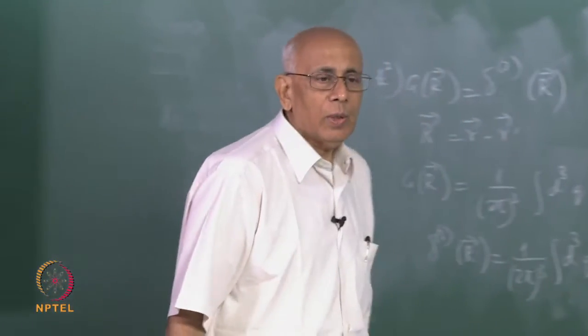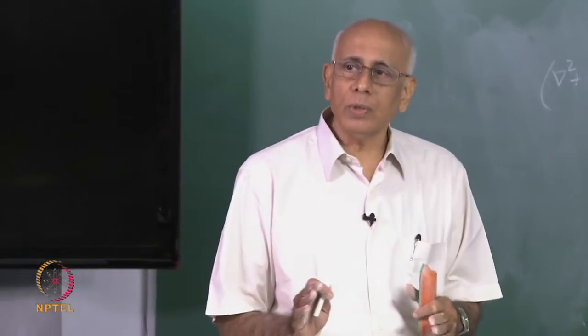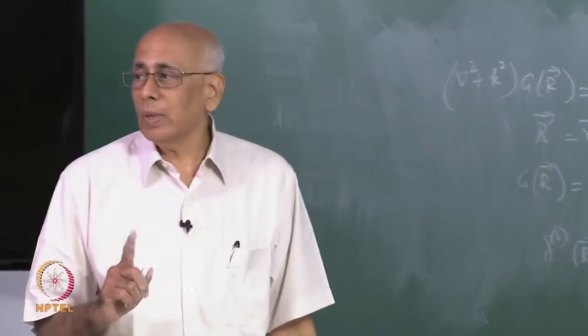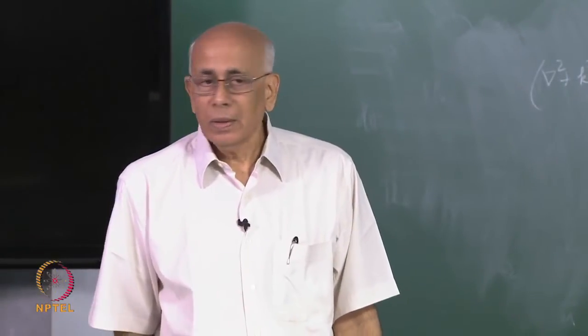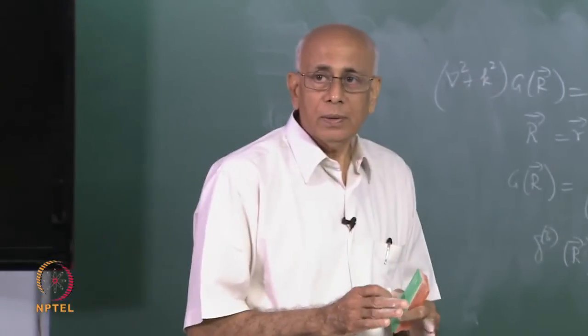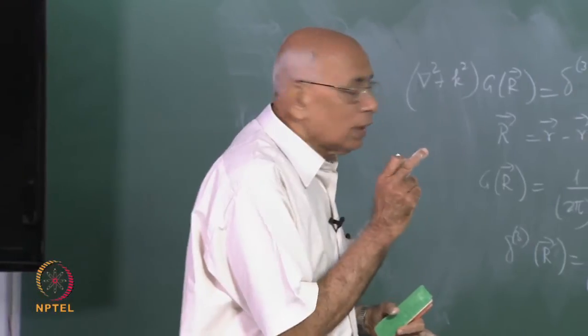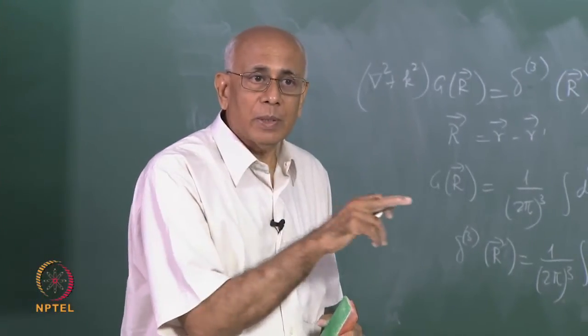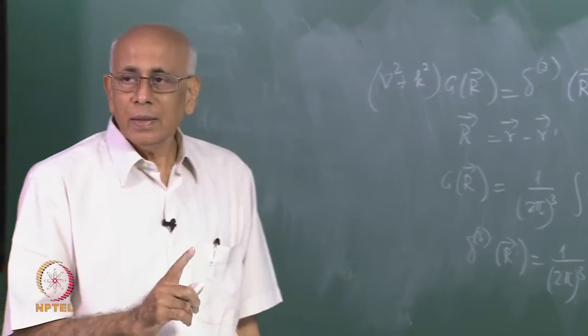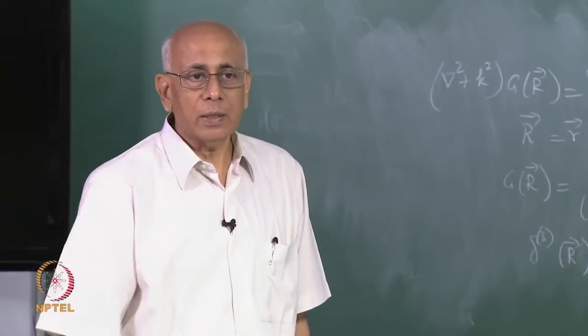What you have to do is to shift the poles or indent the contour around the poles in such a way that the boundary conditions are satisfied. So you really need to find a suitable Green function by using an i epsilon prescription for shifting the poles away from the real axis in such a way that you get the right boundary condition satisfied.